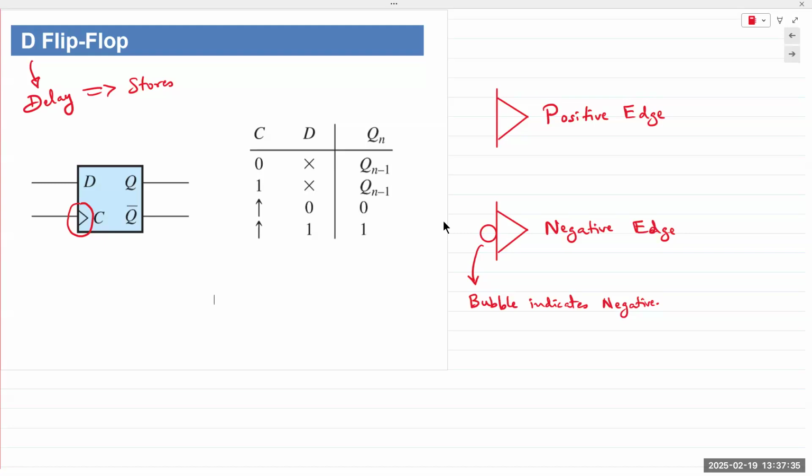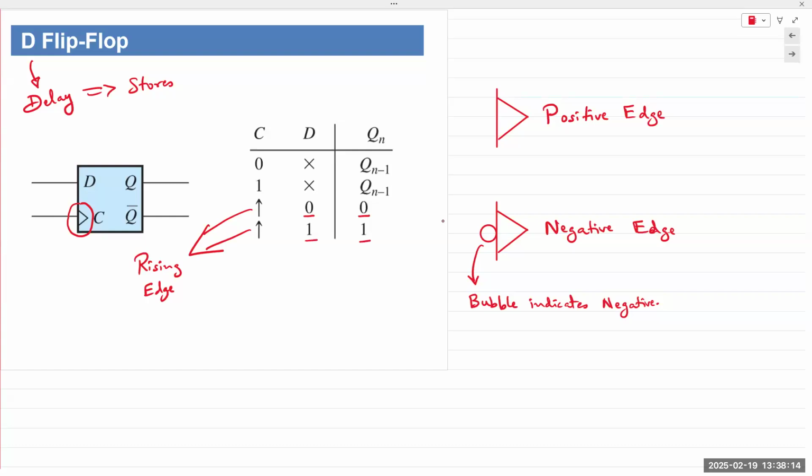Only when the clock changes state and transitions from low to high, meaning a positive edge trigger. See here the symbol, rising edge. At that point, the flip-flop becomes active, and whatever we provide at the D input is then sent to the output. If you apply 0, you get 0 at the output. If you apply 1, you get 1 at the output.